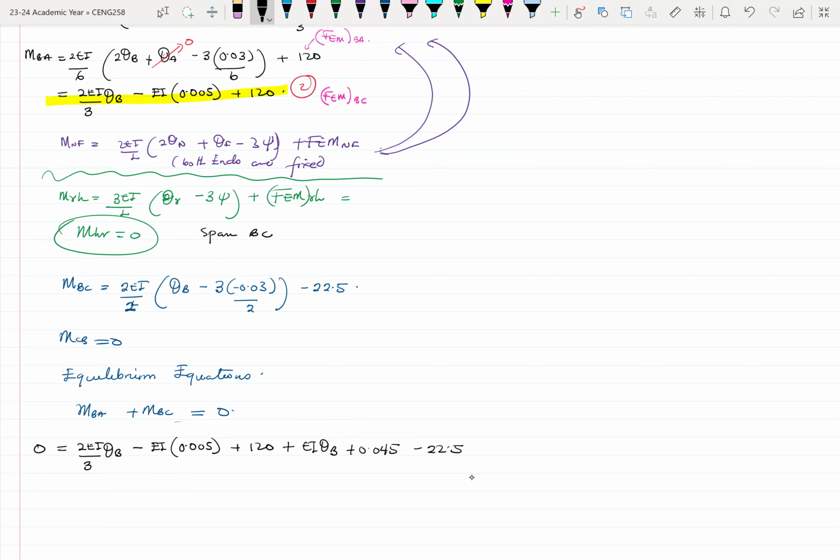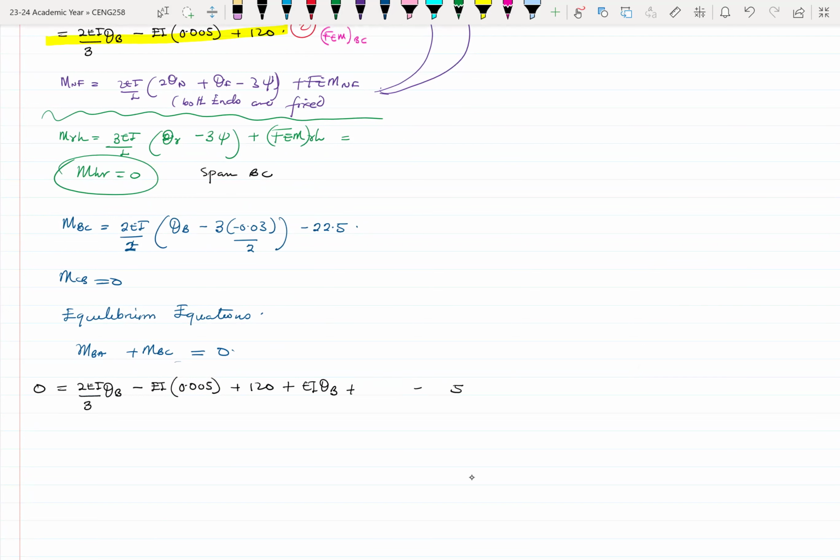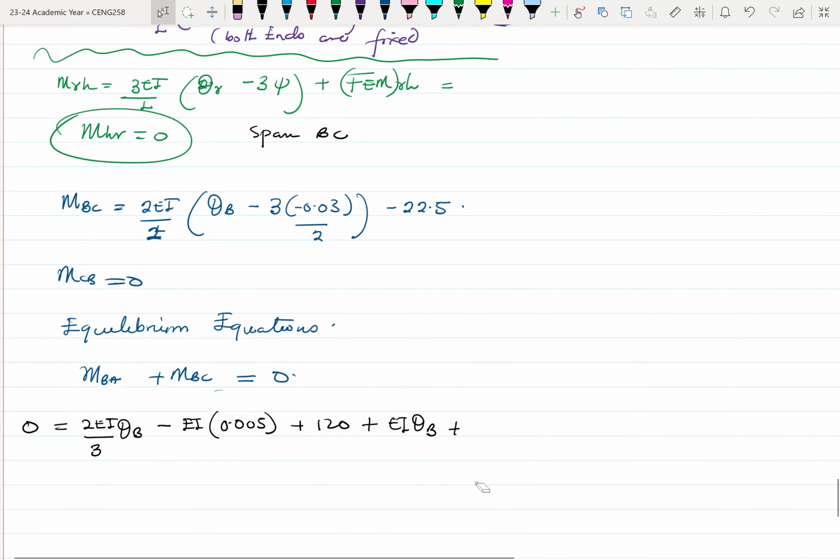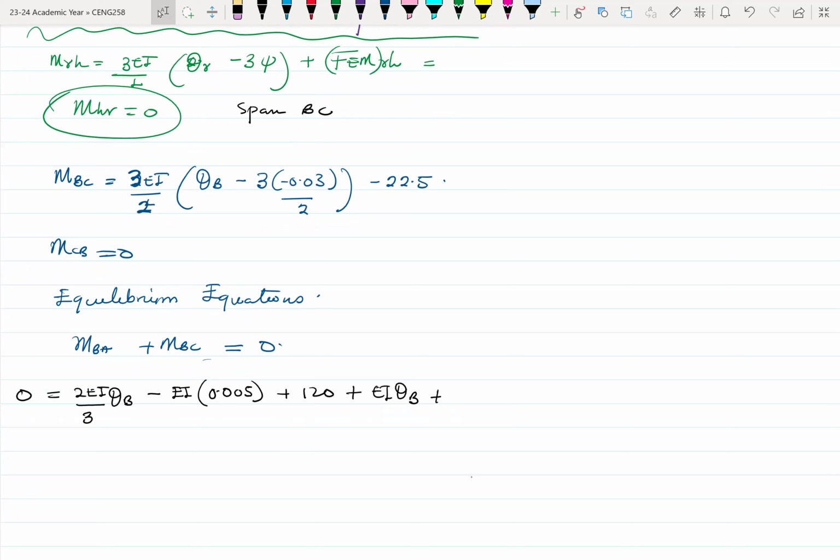Let's see if this is solvable. I left out something, sorry, let me correct it. Not 2, this is 3. Please take note, this is 3 because this is a modified version, so it's 3, not 2. Very important, otherwise everything becomes all over the place. It's so easy to mess this up sometimes.